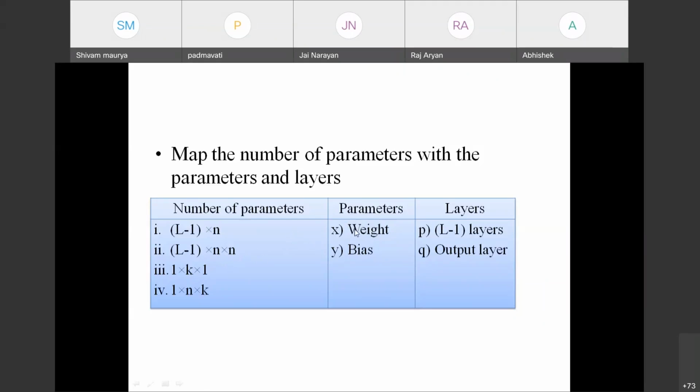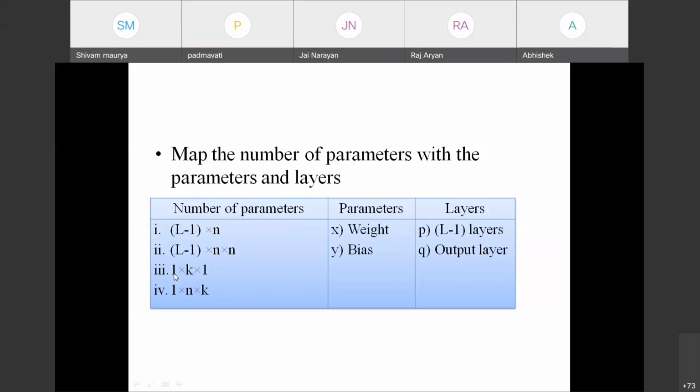So 2 will be mapped with X, and because we ourselves have checked that for hidden layers, 2, x and p will be mapped. In a similar way, try to map this.